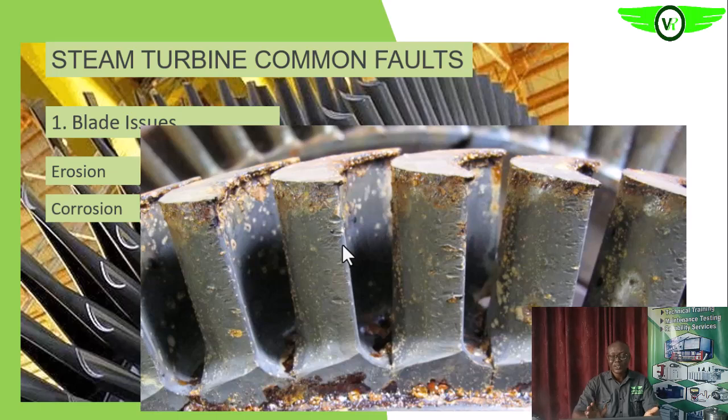Are we getting it? So if those oxygen are not properly removed, and we then have some droplets of water, especially towards the low pressure side of the steam turbine.